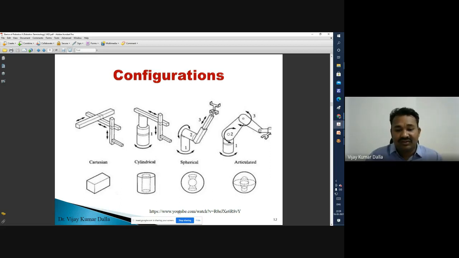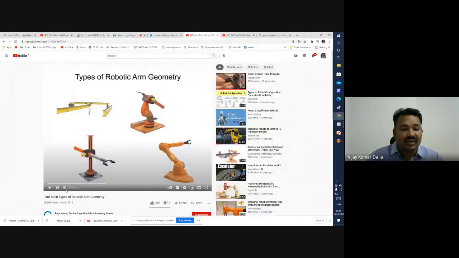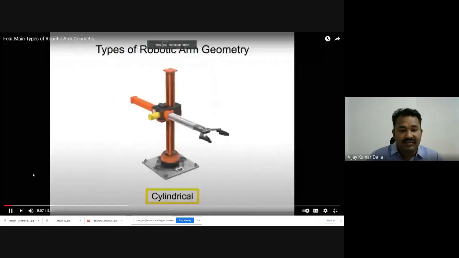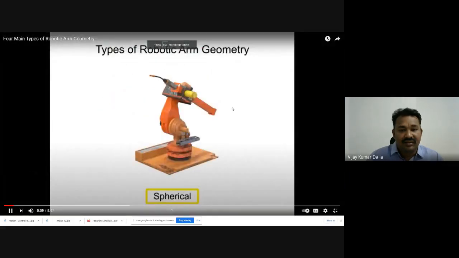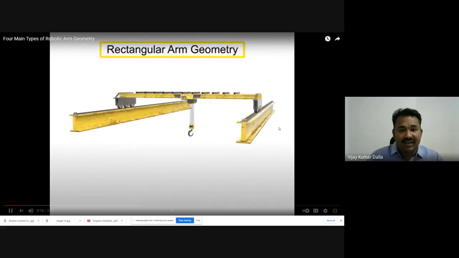So why not visualize these motions with the help of YouTube? Okay, it is rectangular arm geometry.